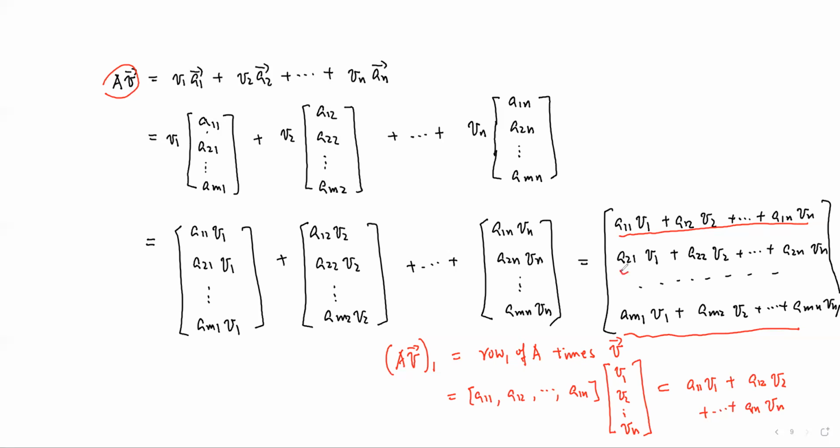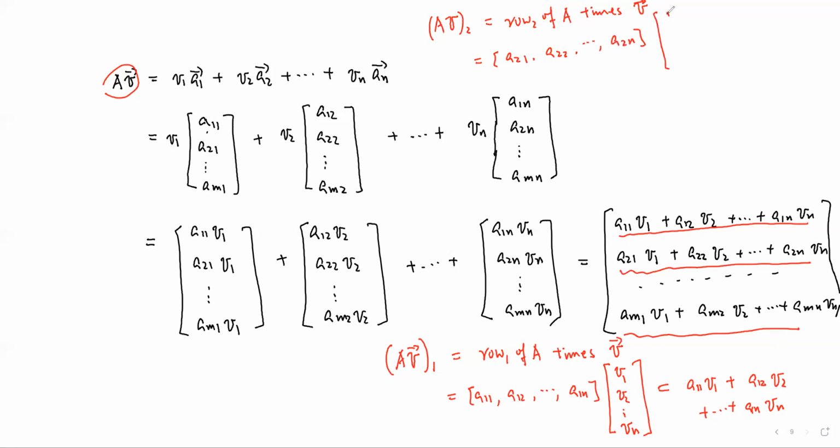Similarly, the second entry of A times V is row 2 of A times vector V. Row 2 of A is A21, A22, ..., A2n.